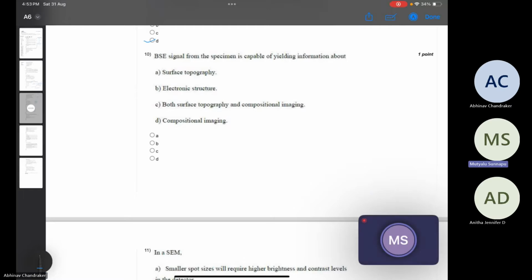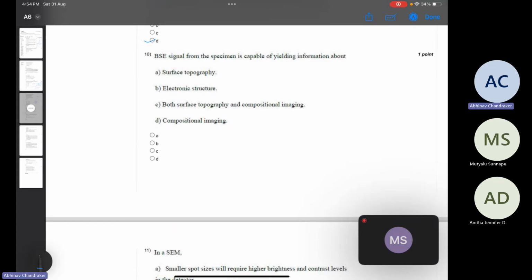The BSC signal from the specimen is capable of yielding information about the electronic structure, sir. Is that right or wrong? I don't know, please explain if anything is wrong.